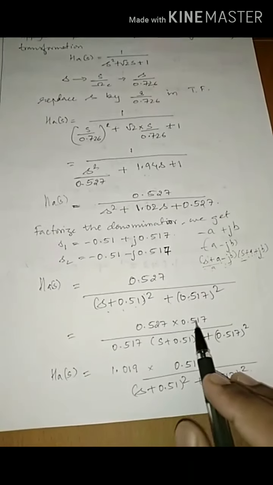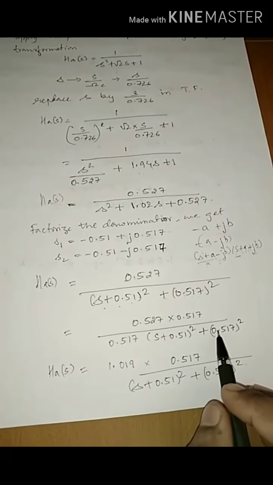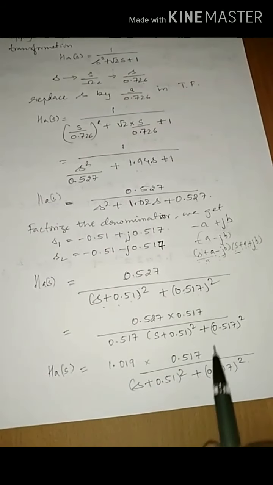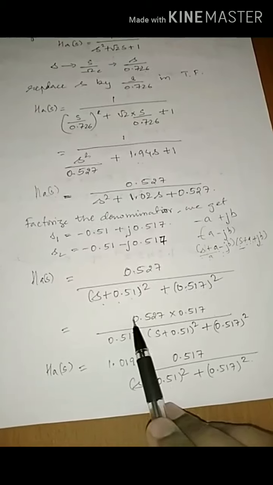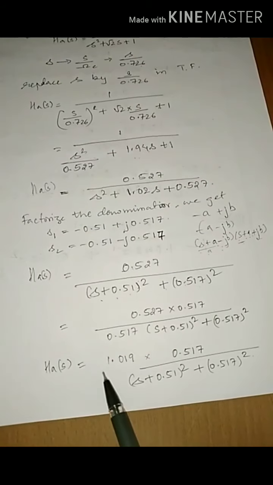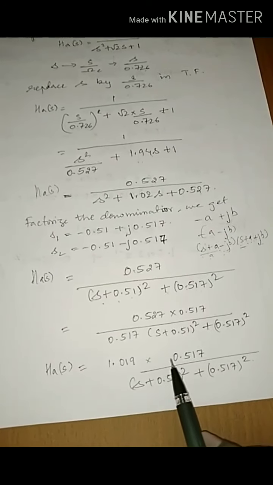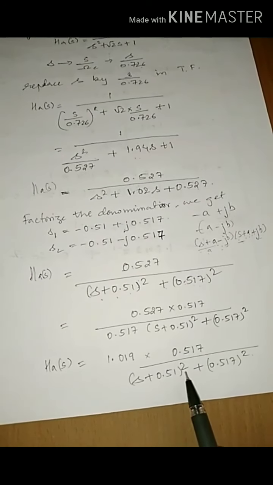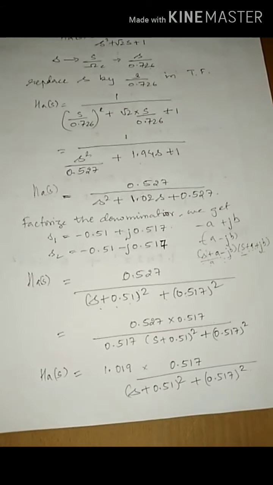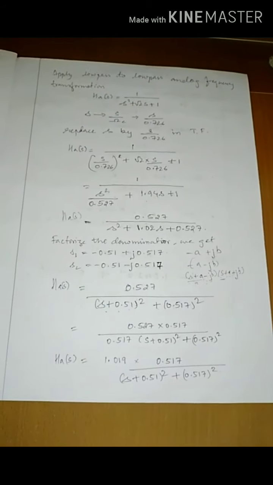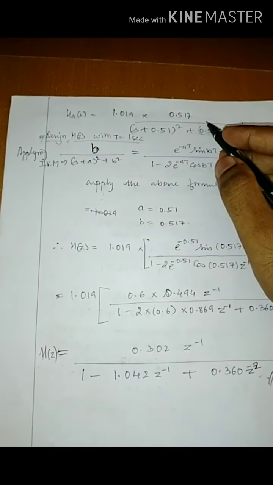Now we'll be taking 0.517 and we are going to multiply and divide both the numerator and denominator. So now divide 0.527 by 0.517, we get 1.019 into 0.517 divided by (s plus 0.51) the whole square plus 0.517 the whole square. So this is the expression of the analog filter.